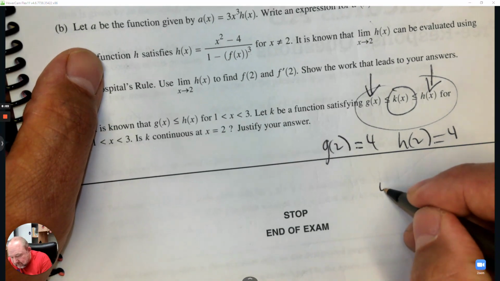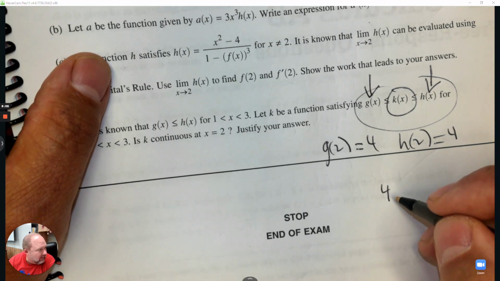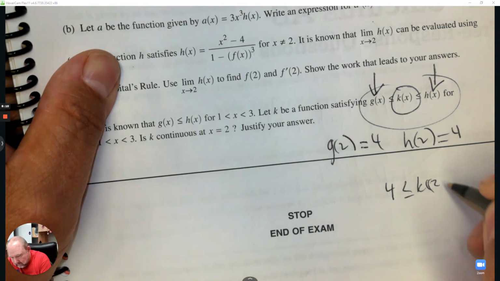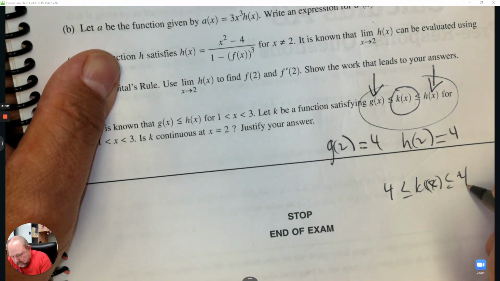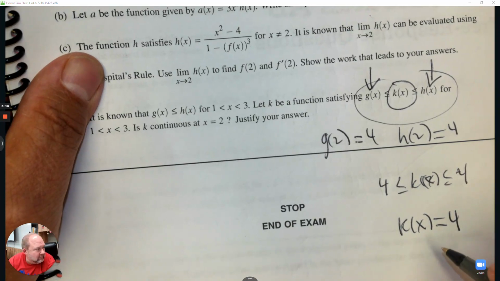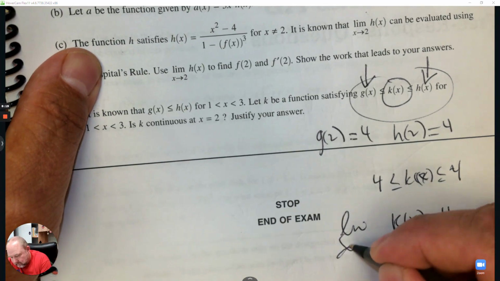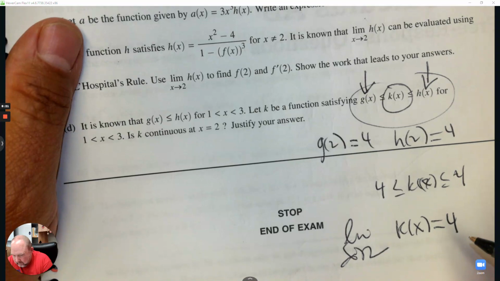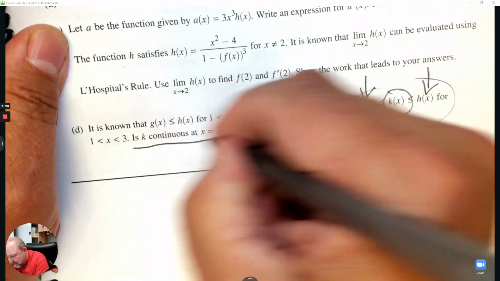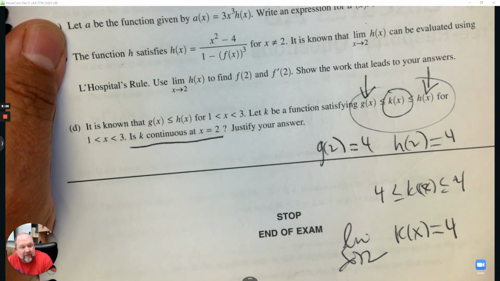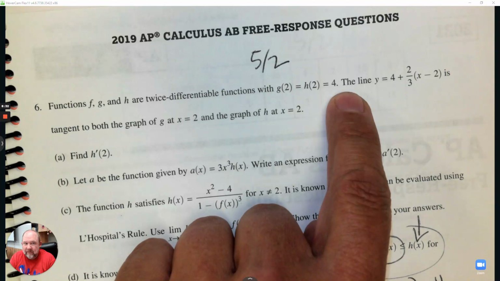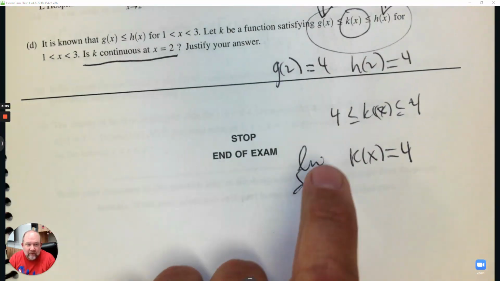So this must be between 4 and 4. So is k continuous at 2? And the answer is yes. Because they are both continuous there and have an answer of 4, then this function's also continuous.